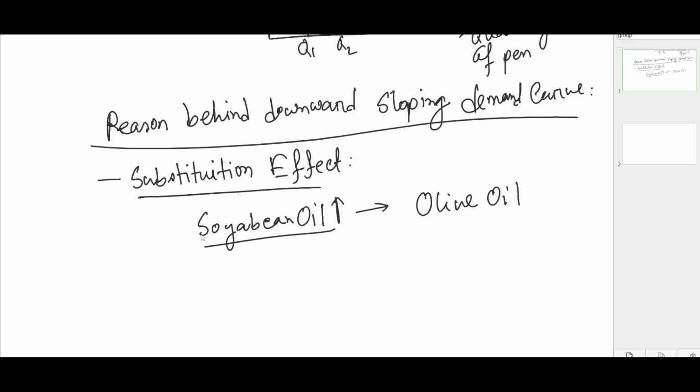As a result, the quantity demanded of soybean oil decreases as the price increases, and the demand for olive oil increases as its price is lower relative to soybean oil.